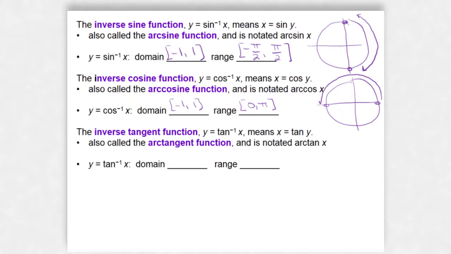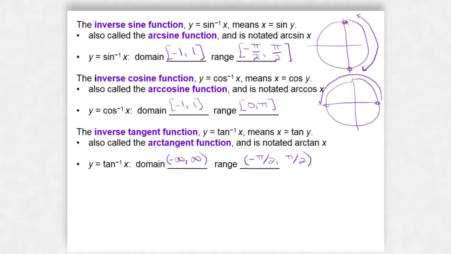And lastly, for tangent, the domain was the old range of the tangent, and that was negative infinity to infinity. And the range is going to be what we restricted our domain to, negative pi over 2 to positive pi over 2. Beautiful.